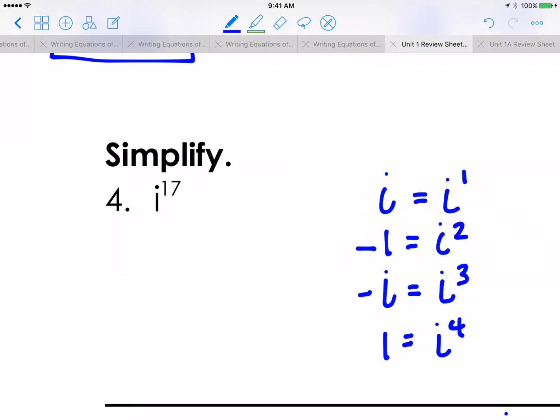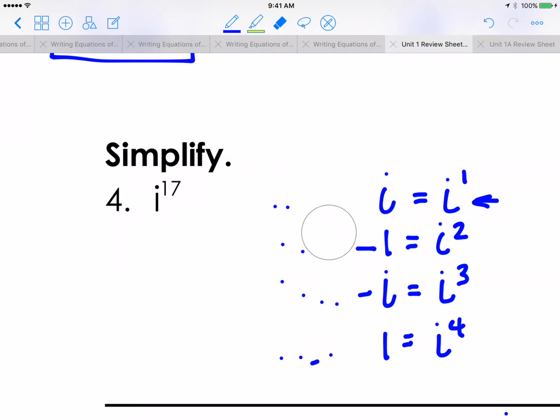Now we talked about this being a pattern of 4. So you can get to 4 and then you can start over again with 5, 6, 7 and count like that. So if we do that, we count 1, 2, 3, 4, and then we start over. 5, 6, 7, 8, count over. 9, 10, 11, 12, 13, 14, 15, 16, 17. So we get that 17 is i.